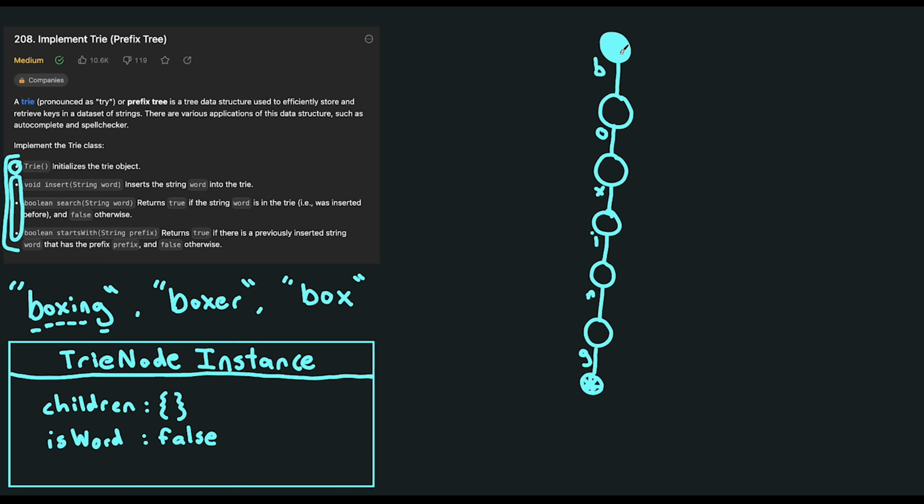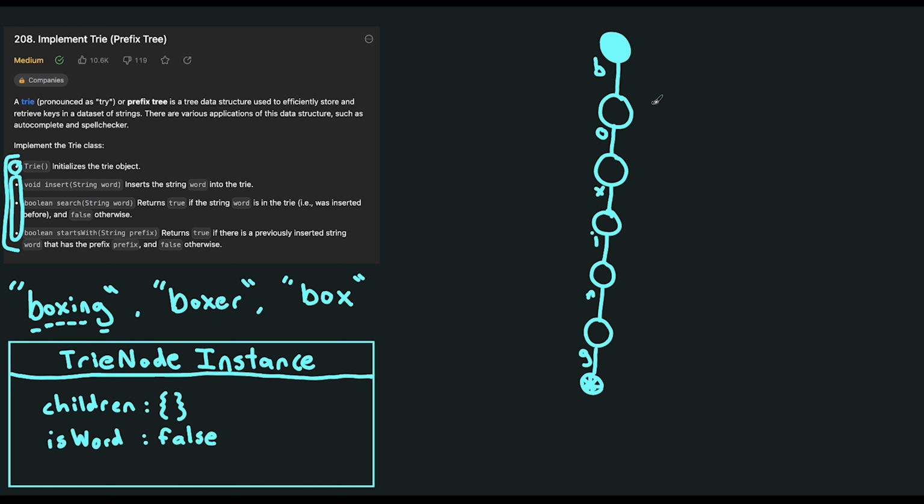But before that, it's important to notice something here. Each node actually doesn't know its own value. The root node doesn't know its value. These nodes don't have a value property. The only way you could find the value of a node is through its parent.